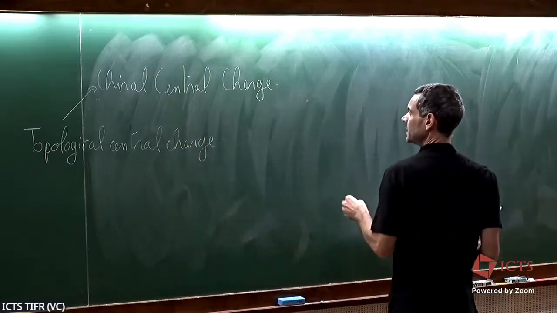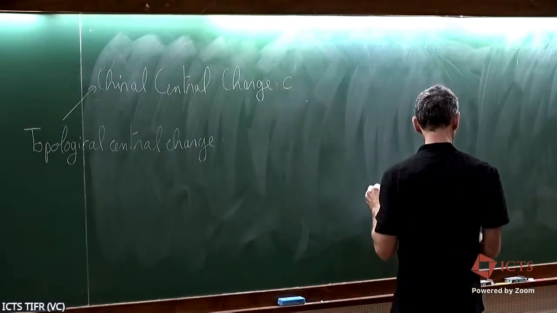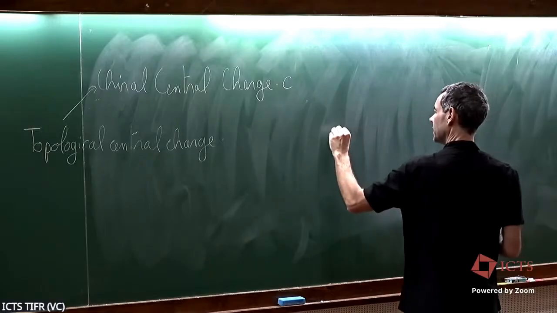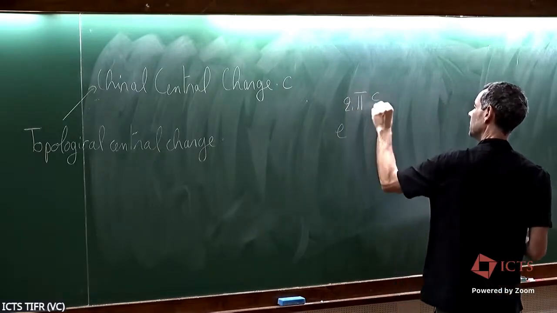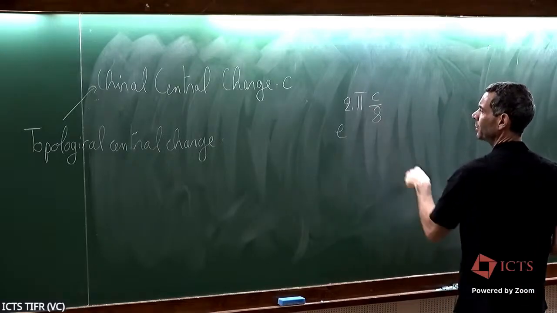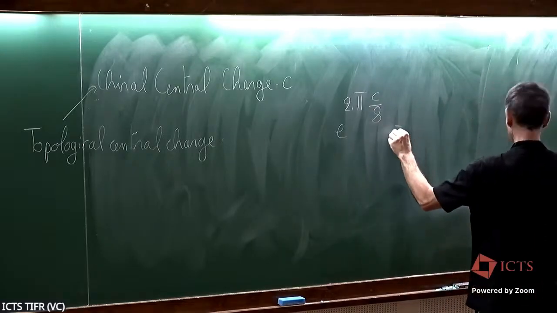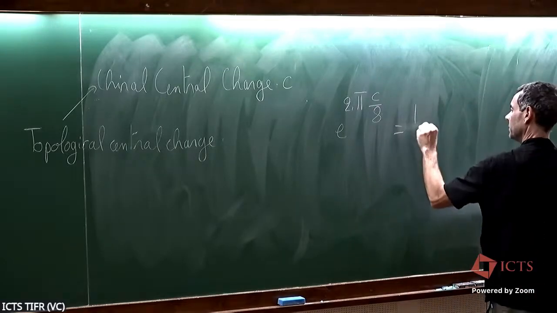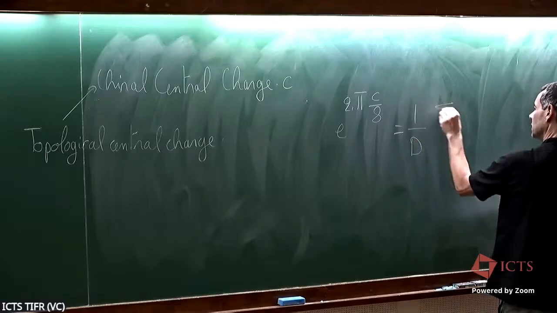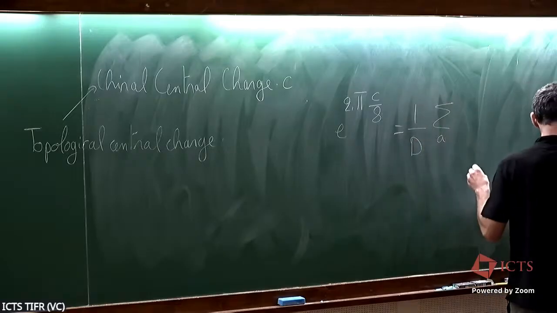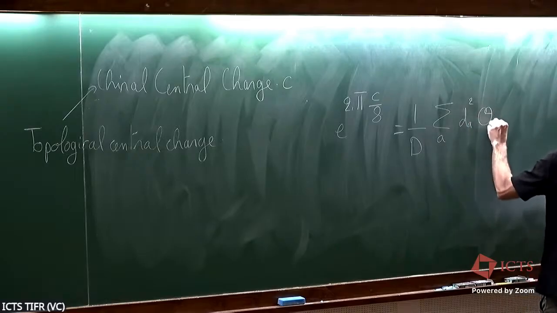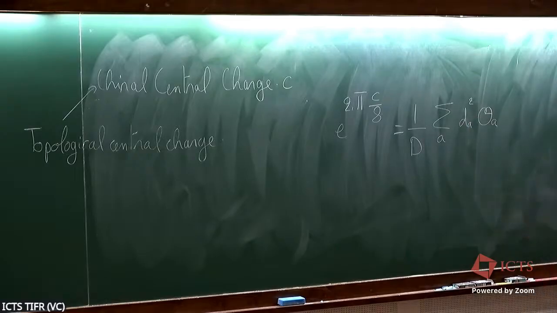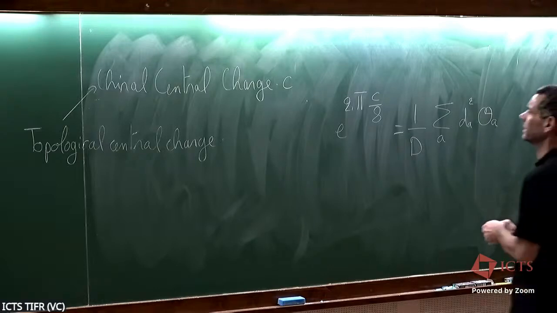It's denoted c, and it is defined as follows: e^(2πi c/8), that's where the mod 8 comes from, is given by this combination, the sum over a of d_a squared theta_a, normalized.